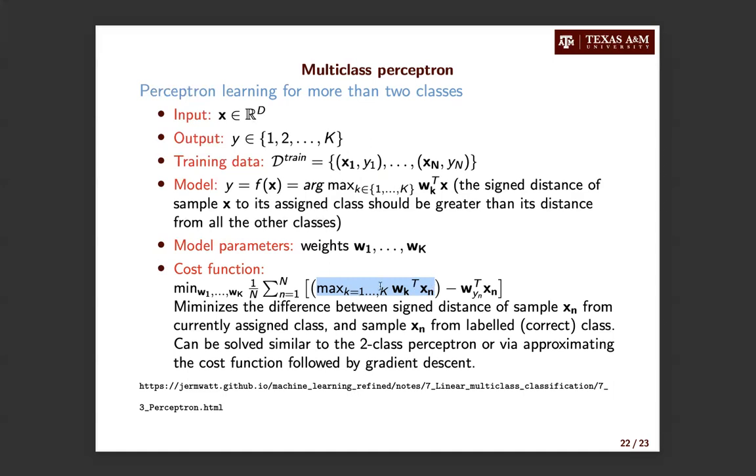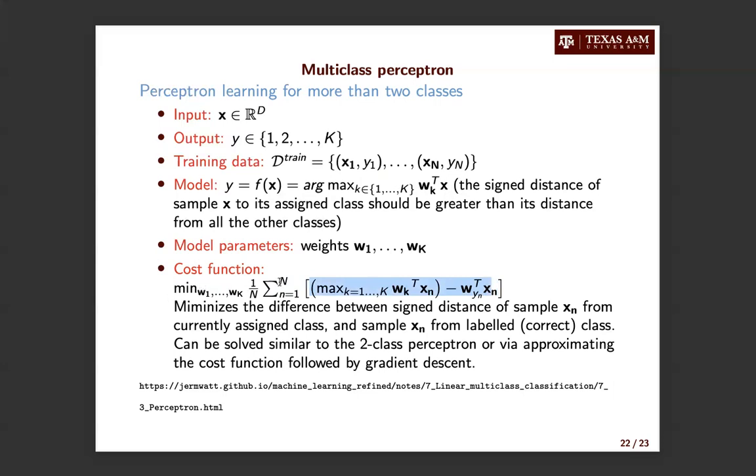Now, we would like this class to be as close as possible to the actual class of sample xn. And this actual class is represented by our label yn. So since we are comparing the distance of sample xn from the assigned class and the distance of sample xn from its true class, we would like this distance to be as low as possible.